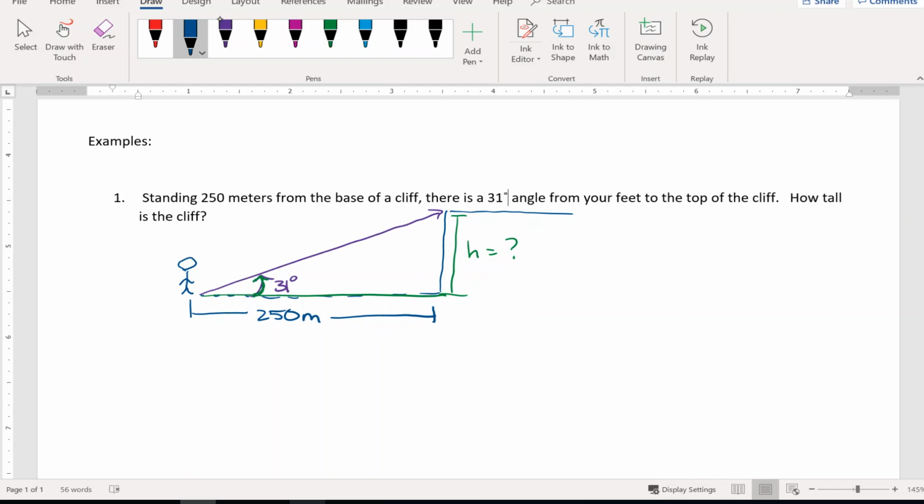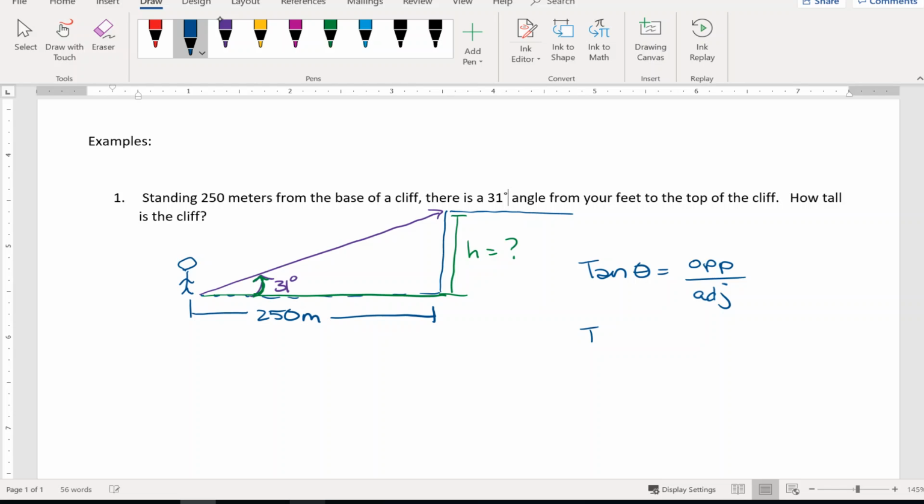So trying to find what the height of the cliff is, we want to look at our trig functions. And in this case, we have an angle, we have the side adjacent, and we're looking for the side opposite. So we want to use our tan function, which says that tan of an angle is equal to the opposite side over the adjacent side.